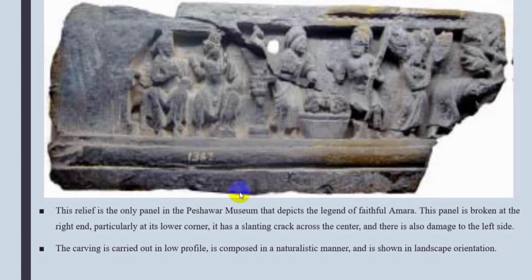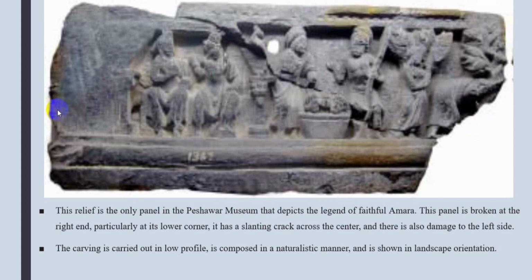This is the panel, a relief panel, and the only example in the Peshawar Museum that depicts the story of Amara Jataka. This panel is broken at the right end, particularly at its lower corner. It has a slanting crack across the center as well. Here you can see a small damage to the left side as well.